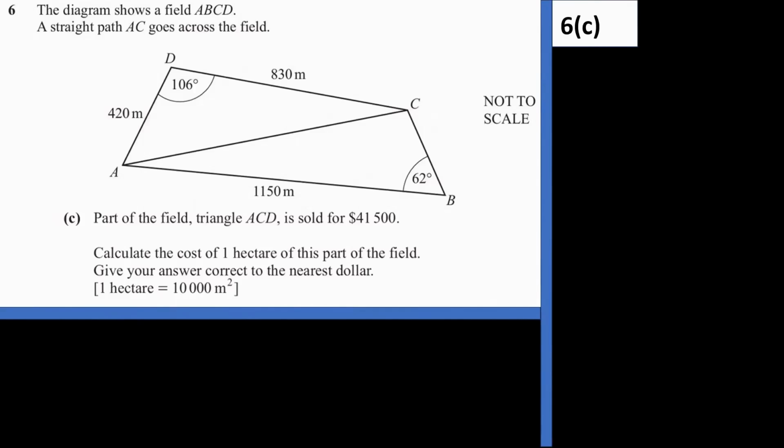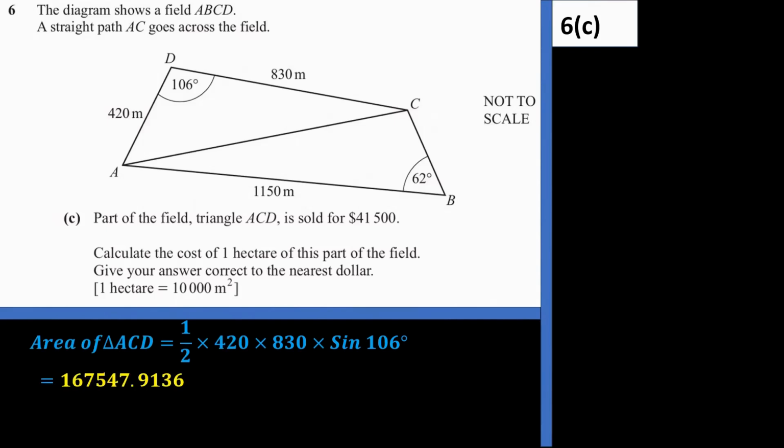We are told that 1 hectare is equivalent to 10,000 square meters. So the area of triangle ACD is half AB sine theta, which is half times 420 times 830 times the sine of the included angle, 106 degrees.